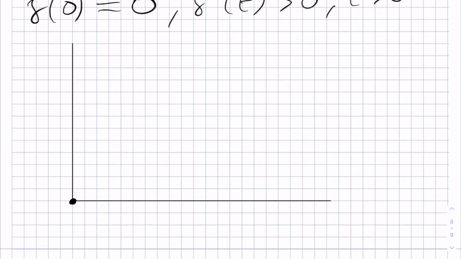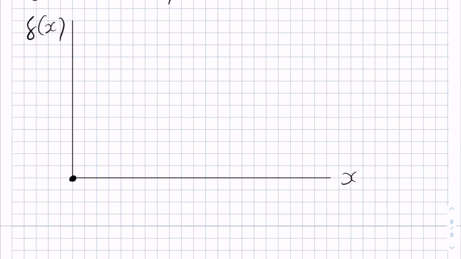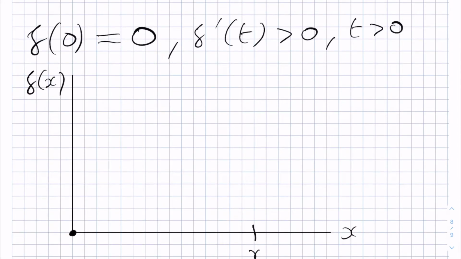So here we have our x, let's say, and here we have our f of x, and let's pick a particular value of x to go up until, and let's draw out what our function looks like until that point.